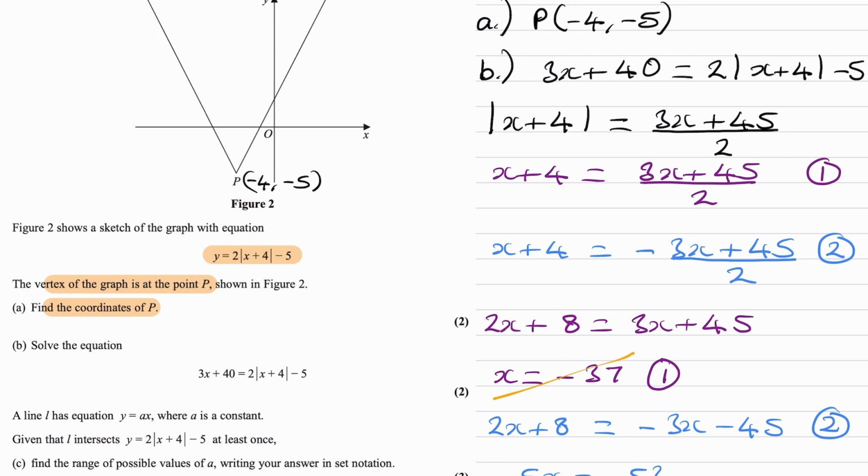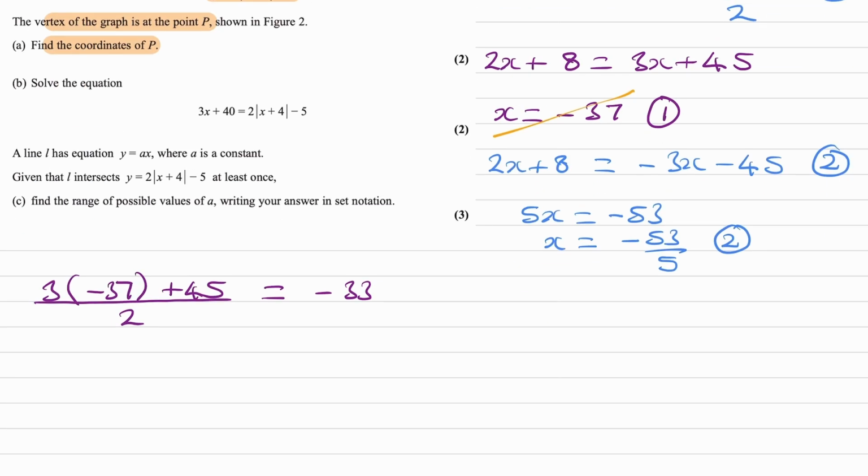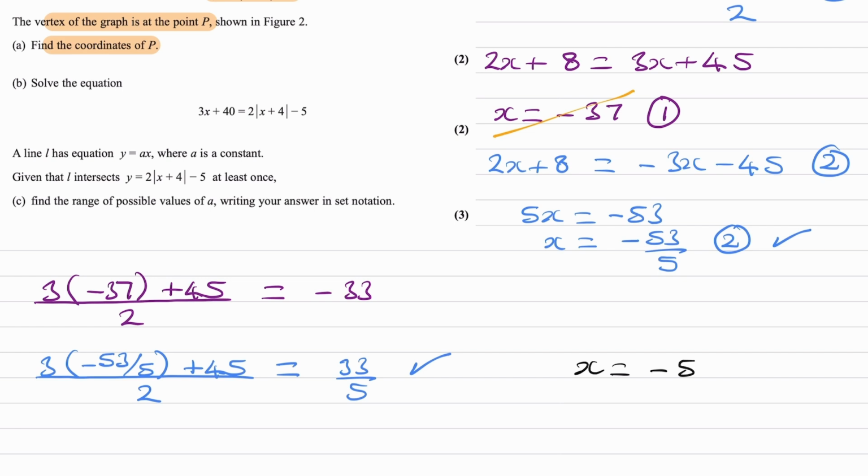That can't be our solution. And we'll just quickly try x is equal to minus 53 over 5 as well. So just replace the minus 37 in the equation above with minus 53 over 5. And this gives us 33 over 5, which is positive. That's exactly what we want. Therefore, this must be our solution. Our final answer must then be x is equal to minus 53 over 5.